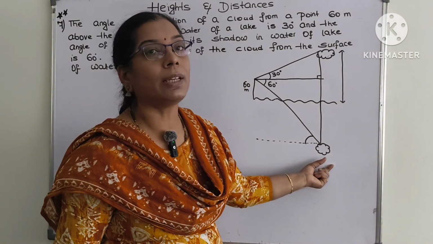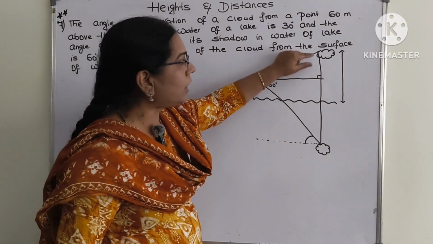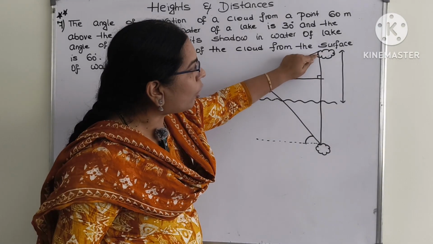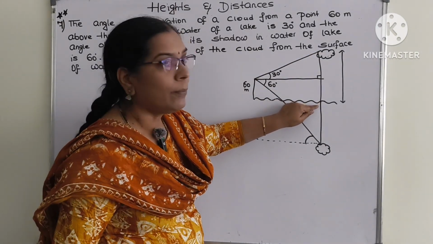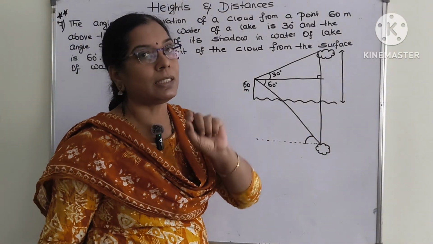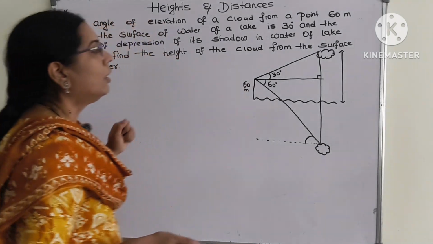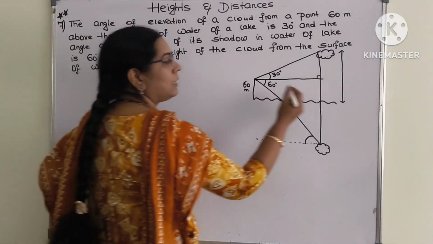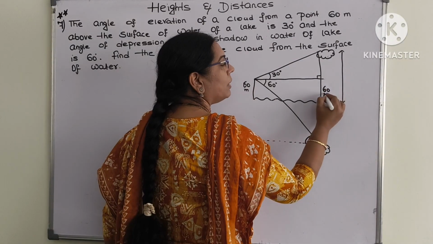And what do we know about the characteristics of the image? The object distance, which is the distance between the object and the mirror, is the same as the distance between the mirror and the image. Object distance is equal to image distance. You have to remember this in this sum. Now, if this is 60 meters, naturally from here to here also this becomes 60 meters.